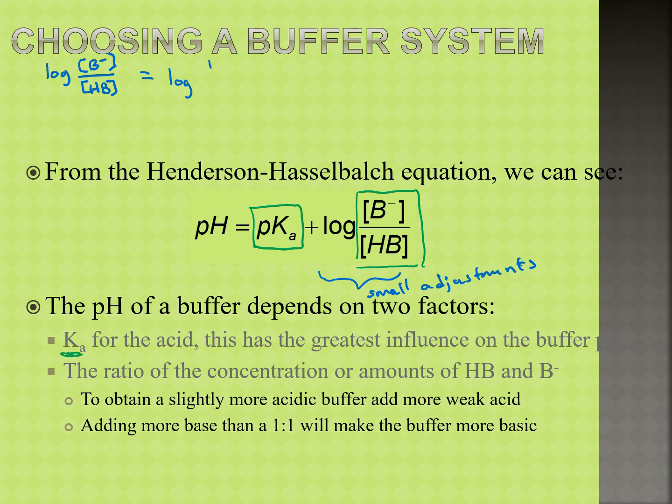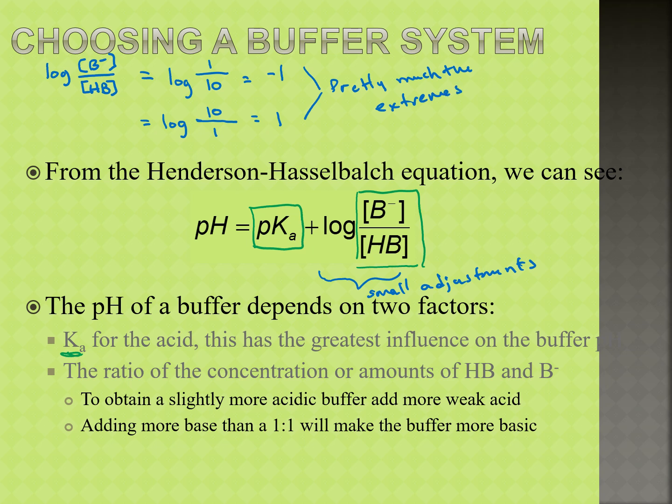So let's say that the base concentration was 1 for every 10 acids. Then the log of that would be -1. If, say, I had about 10 bases for every 1 acid, the log of this is 1. These are pretty much the extremes.